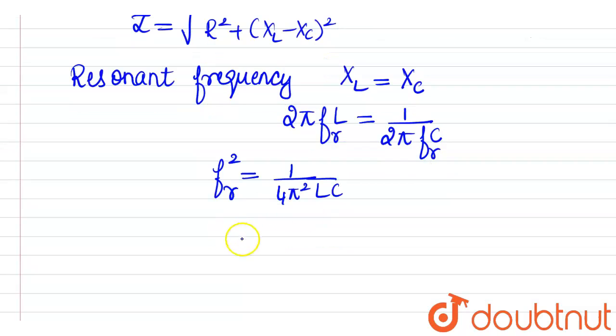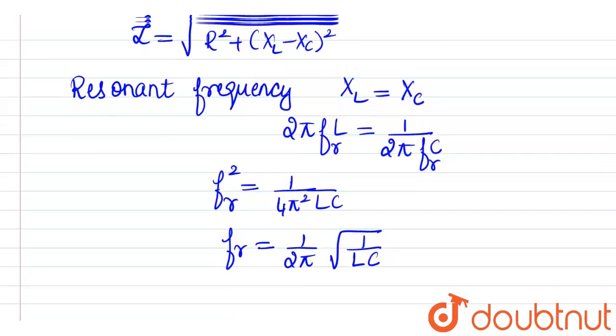Taking square root on both sides, my resonant frequency will be equal to 1 by 2 pi under root 1 divided by LC. So this is the condition wherein resonance occurs, when the effect of the reactances cancel out each other. In this series LCR circuit, total resistance will just be governed by R.